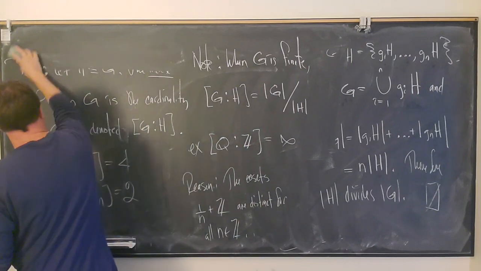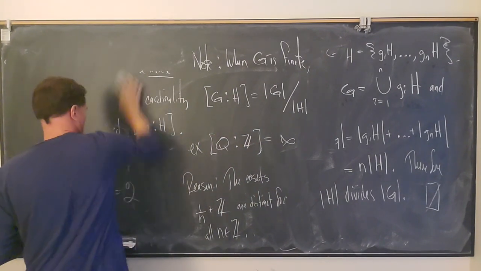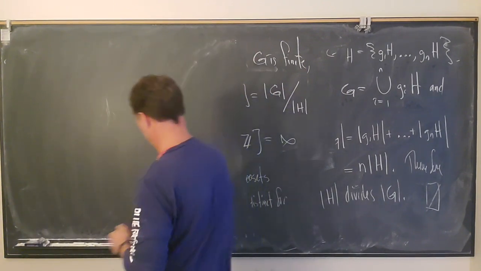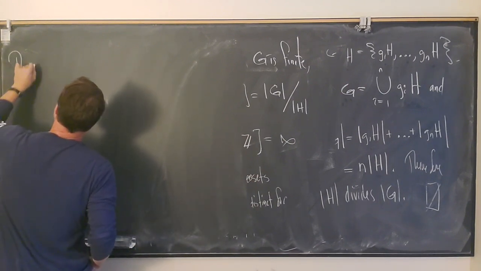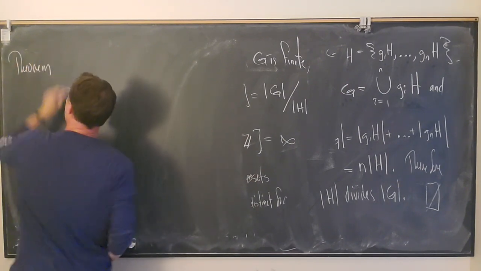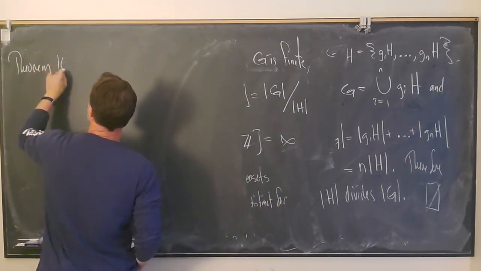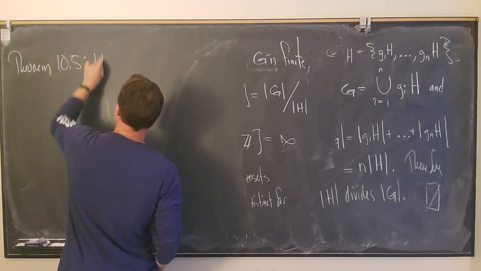The index behaves nicely with respect to nested collections of subgroups, and so let's say this as a theorem. This is going to be theorem 10.5. Let's take some subgroups.